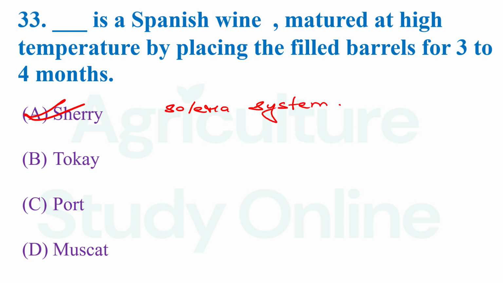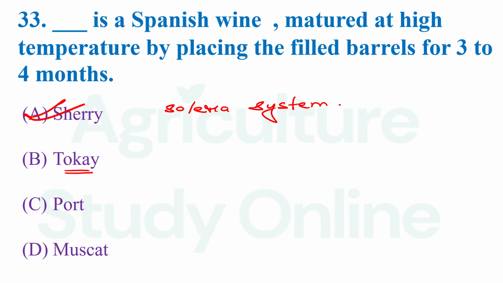In this, the barrels are often kept in warm conditions. This will promote the oxidative aging, flavor development, that is high temperature maturation for 3 to 4 months, which aligns with this sherry production practice.